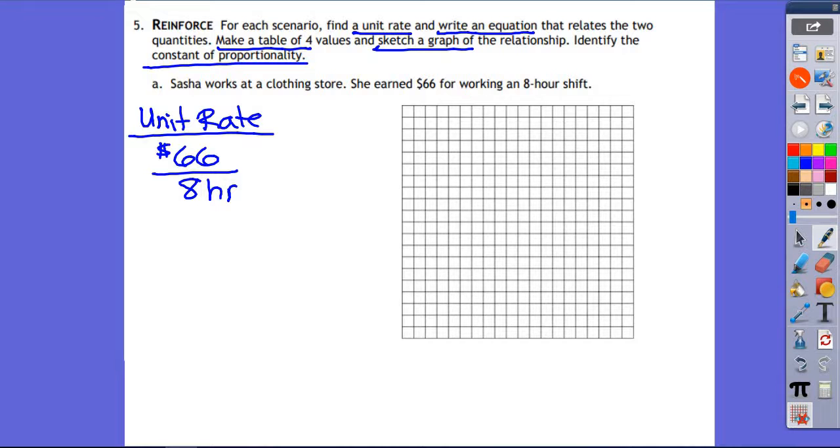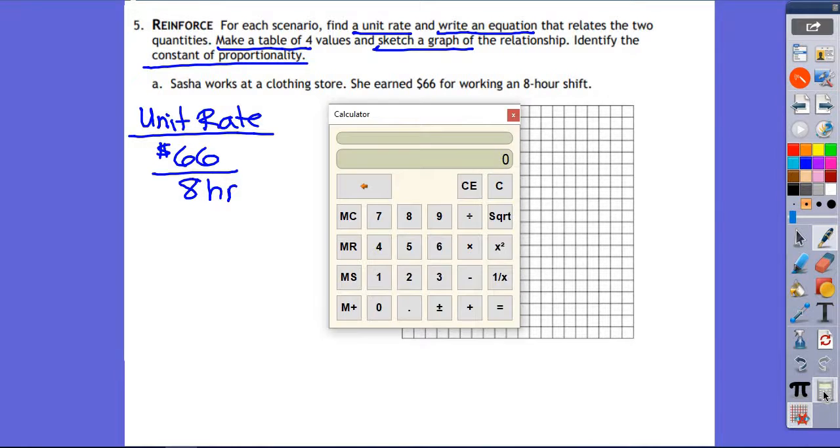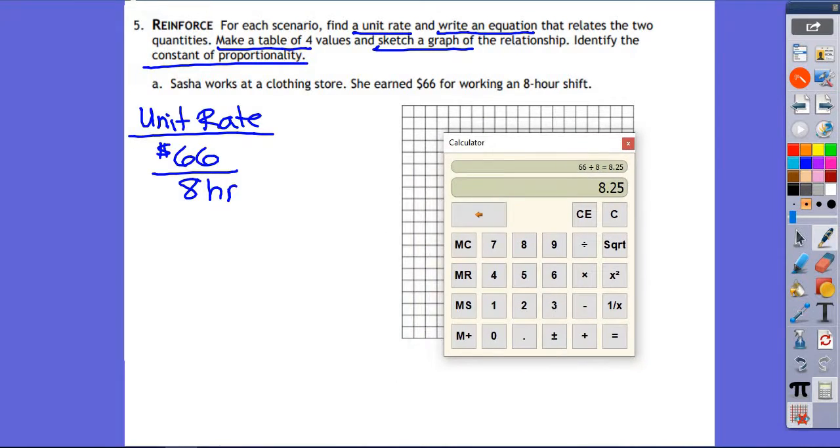So I'm going to take my calculator, 66 divided by 8, and my unit rate is 8.25. And that's going to be dollars per what? Hour. Per hour. That's my unit rate. So each hour, how much is she earning? $8.25.